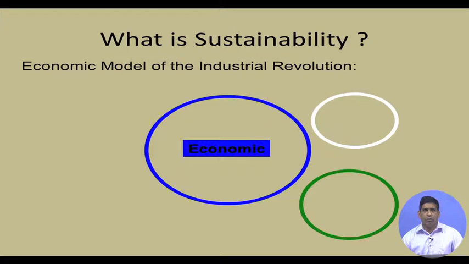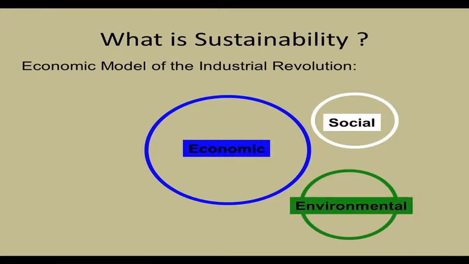So what would be the economic model which we want to make happen? There is a part of the solution which makes economic sense, a part which makes social sense, and a part which makes environmental sense.